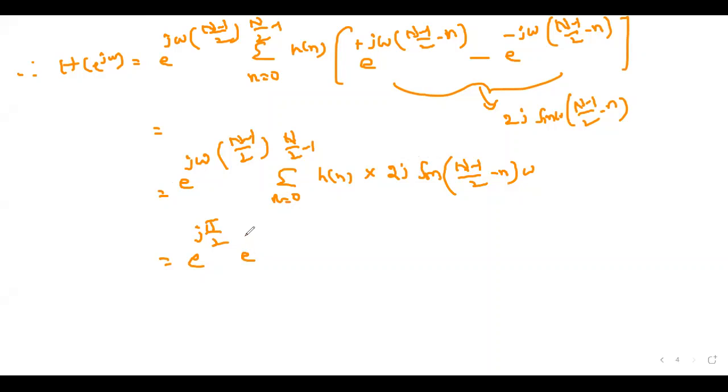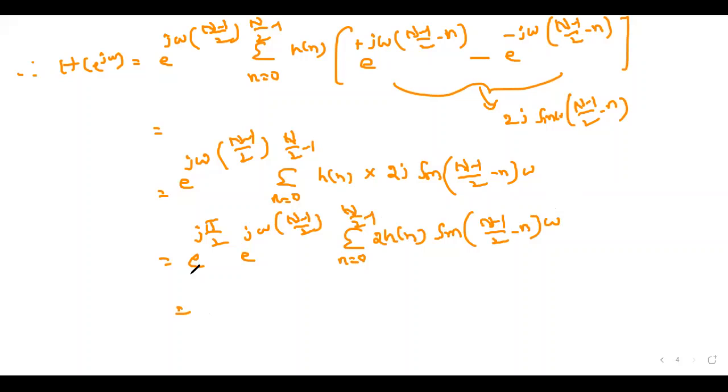Then e power minus j omega of N minus 1 by 2 into summation n equal to 0 to N by 2 minus 1 of 2 h of n into sine of N minus 1 by 2 minus n into omega. Right.